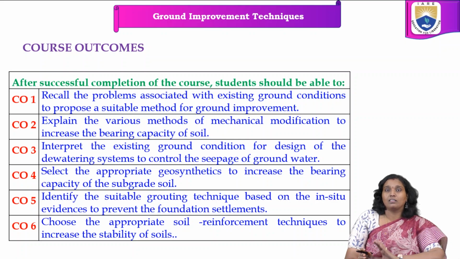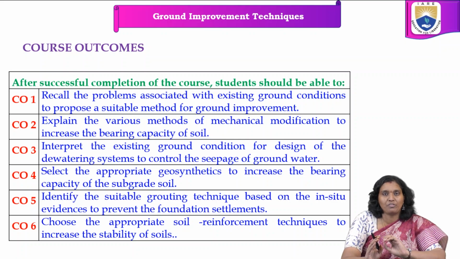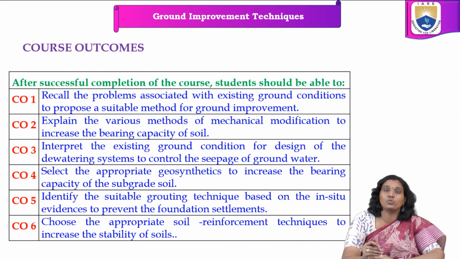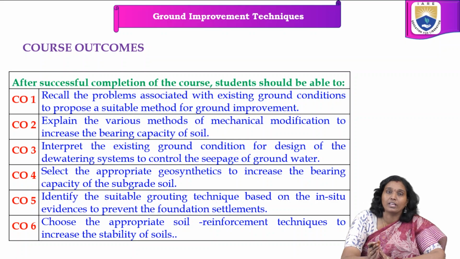Based on the condition, we suggest which method is suitable for the particular ground improvement, and also explain the various mechanical methods to increase the bearing capacity of the soil. What are the techniques involved for getting increased bearing capacity of soil under mechanical modification.